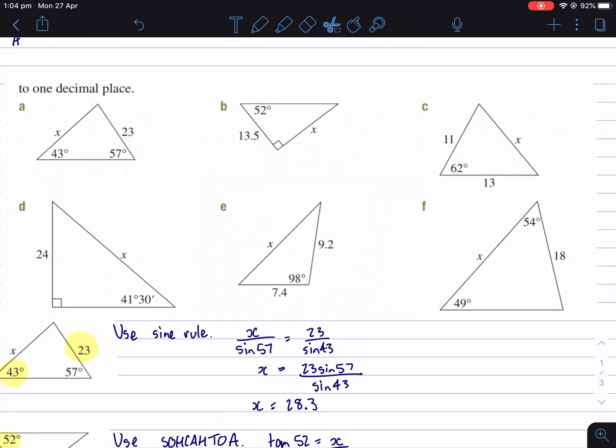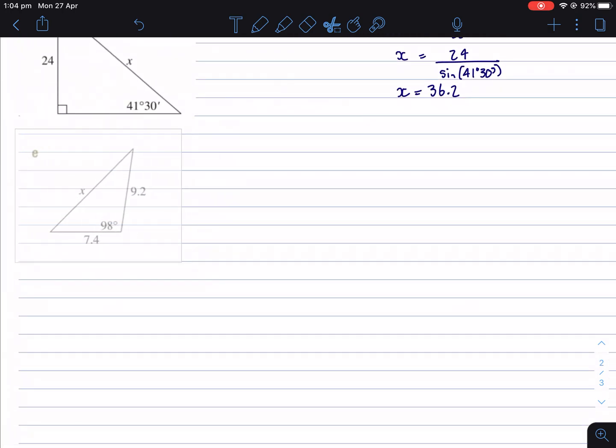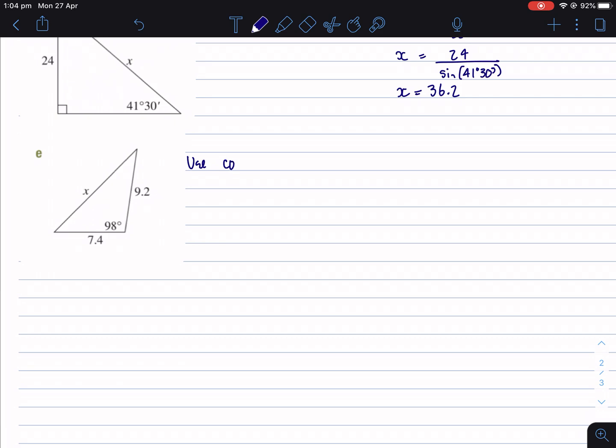E, not a right angle triangle. We don't know an angle and its opposite side. Like we have an angle, but we don't have the opposite length to that. So we're going to use cosine rule. So we've got x squared equals 9.2 squared plus 7.4 squared, take 2 times 9.2 times 7.4 times cos 98.